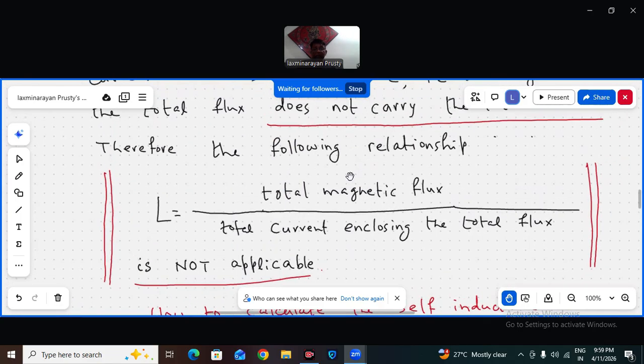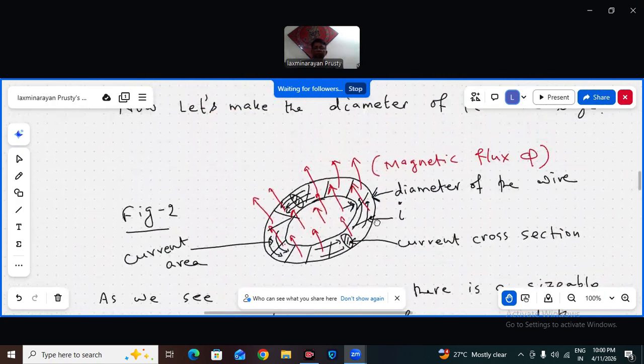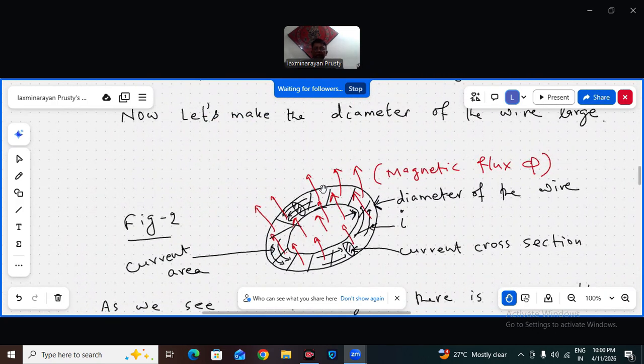So this is applicable only when the overlapping between the current area and the magnetic flux area is negligible. But here in this case, it is not so. Because it is a thick wire, the overlapping part of the current area and the magnetic flux area is not negligible.